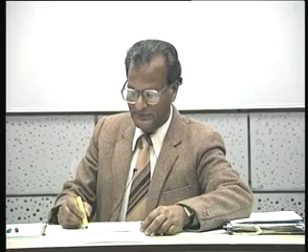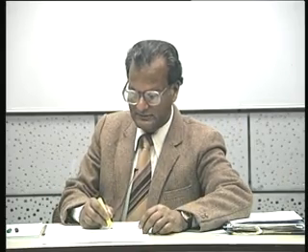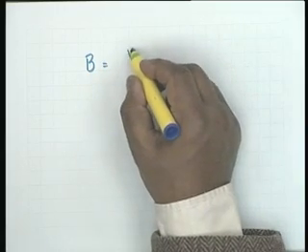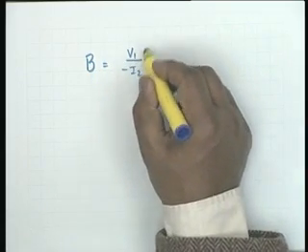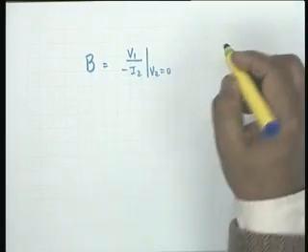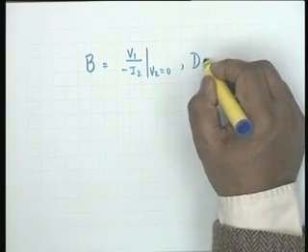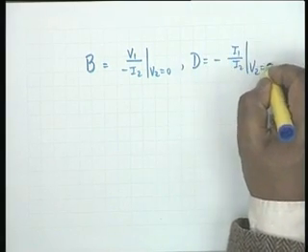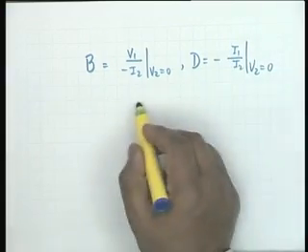On the other hand, the other two parameters are most easily related to the short circuit parameters, namely Y parameters. For example, the parameter B, as I have said, is V1 divided by minus I2 under the condition V2 equal to 0, and the parameter D is minus I1 by I2 under the condition V2 equal to 0. So, let us take this network.